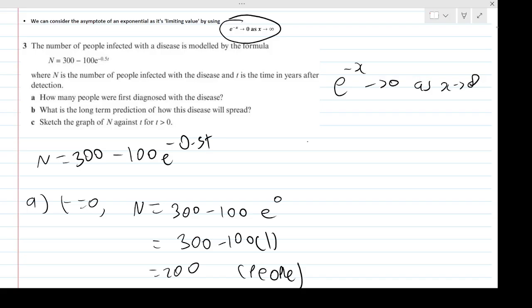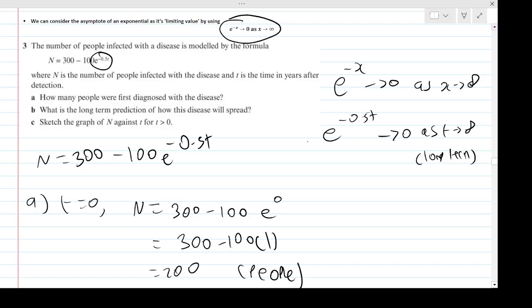In this case we have e to the negative 0.5t, so that will still go to 0 because it's a negative power. It will go to 0 when t goes to infinity. So this is the long-term prediction, when the time is basically going to infinity. Lots and lots of time.